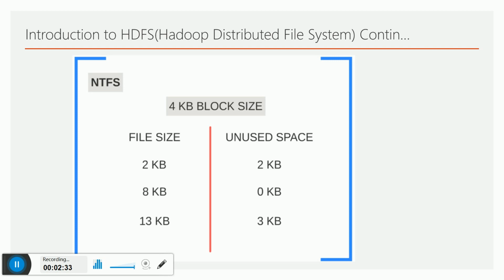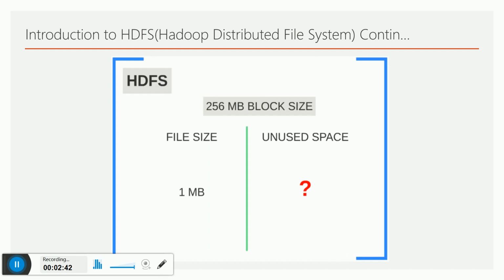Now let's see how we can overcome this in HDFS. If you look at the block size in HDFS, in Hadoop version 1 the default block size was 64 MB, and in the latest version 2.0 it is 128 MB.